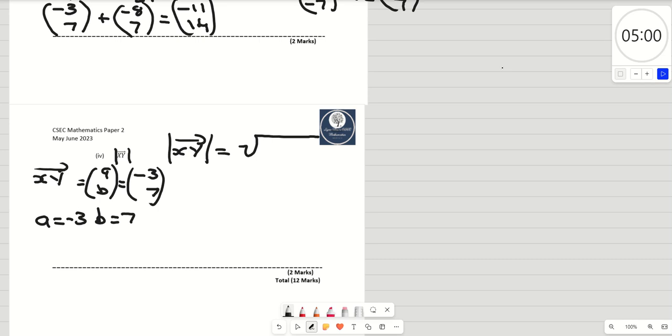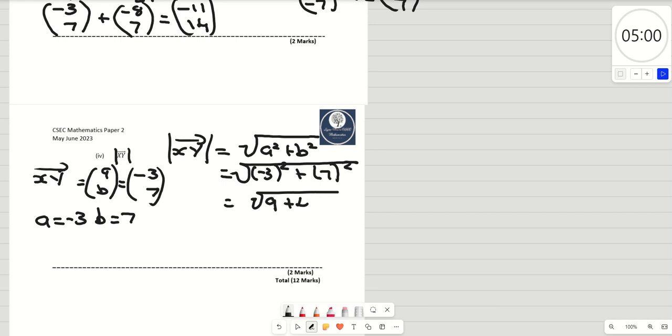The formula for modulus is A squared plus B squared, and you're finding the square root. So that would be minus 3 squared plus 7 squared, and you find the square root for it. So 3 3s are 9. So the square root of 9 plus 49, right?